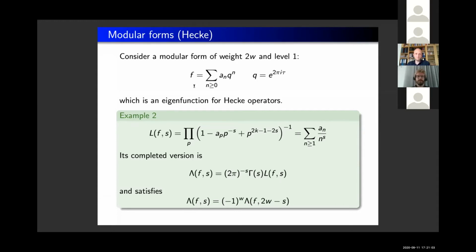So f, the modular form, has a Fourier expansion, the sum of a_n q to the n, where q equals e to the 2 pi i tau, and tau is in the upper half plane. And we'll assume for now it's an eigenfunction for Hecke operators. So then the L function is the sum of a_n, the same Fourier coefficients, over n to the s. So it's just the Dirichlet series given by this.